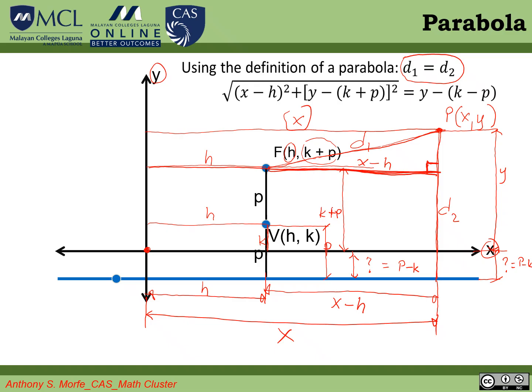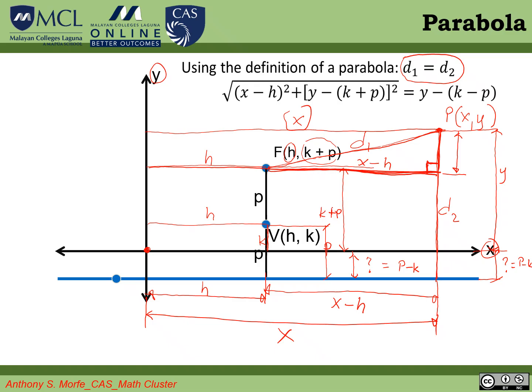Then what is this distance? Or what is this side of the triangle? This one. So let us solve this side. How much is this? So we know that this is y. Okay, from the x-axis towards that point, that is y. Now the distance from the x-axis to the focus is k plus p.